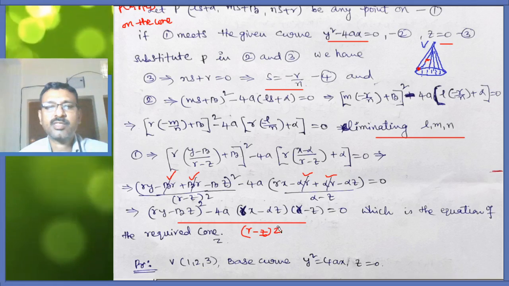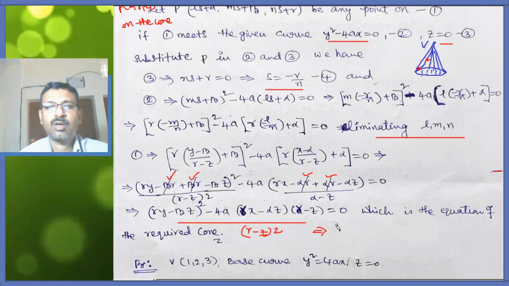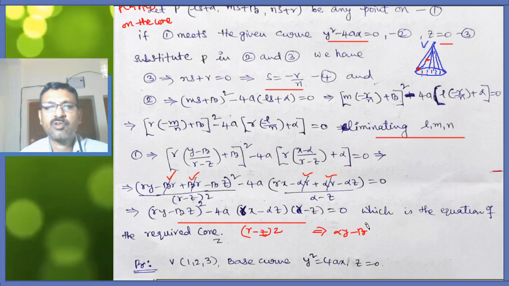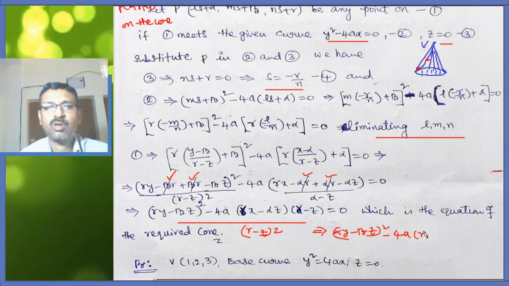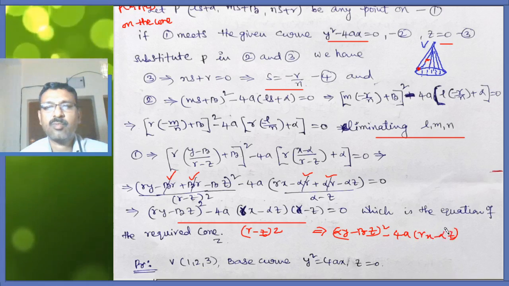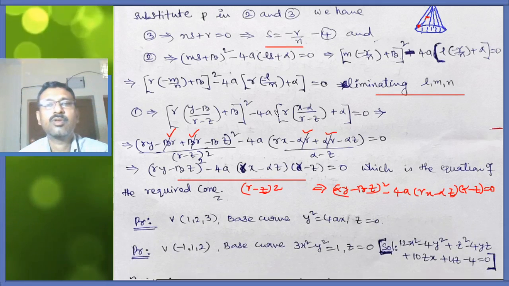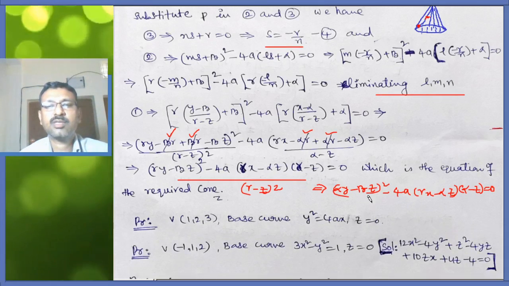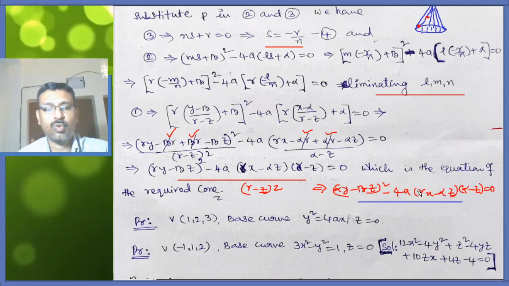Shifting to the right side, we get gamma y minus beta z whole square minus 4a into gamma x minus alpha z into gamma minus z equal to 0. So this is the equation of the required cone.